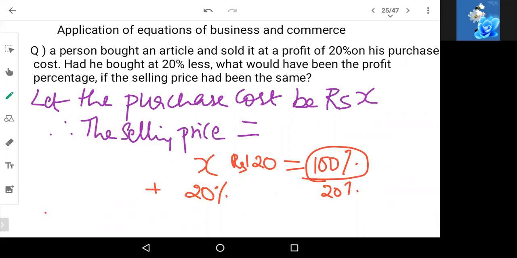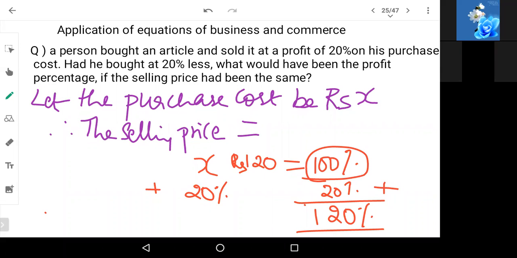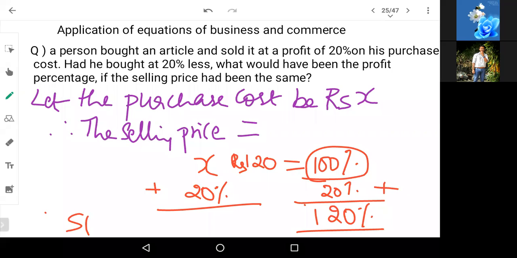Now I'm taking that full 120 rupees and for that I'm adding 20% profit. Now this will become 120%, right? If I add both of them, I'll get 120%. So I can say that the selling price is 120% of purchase price.